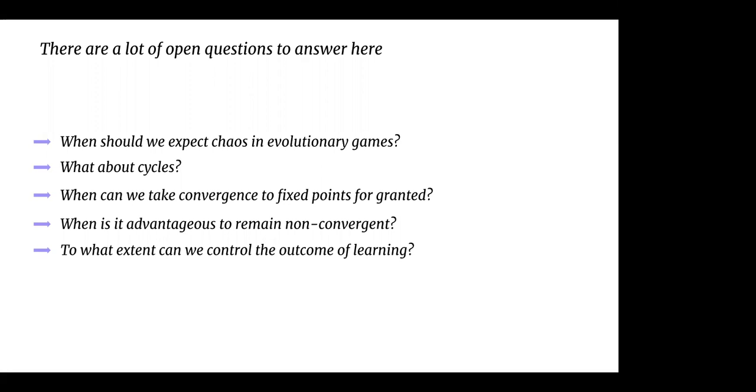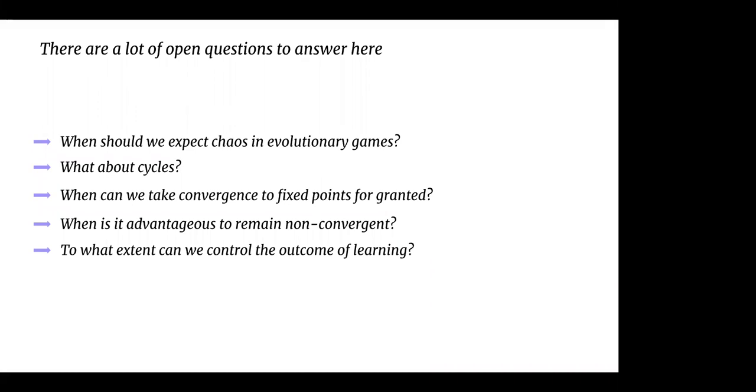We know that we're going to get recurrent behavior for zero-sum games. We know other properties for games like potential games. But there's a huge array of interactions that we can look at in between those two extremes. Where should we expect chaos? Is there any underlying structure to that chaos? We've seen examples of recurrent behavior.